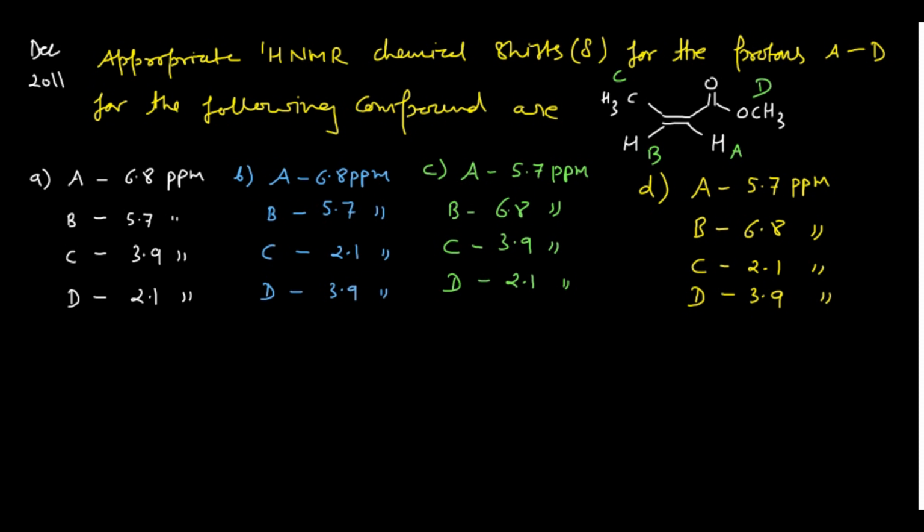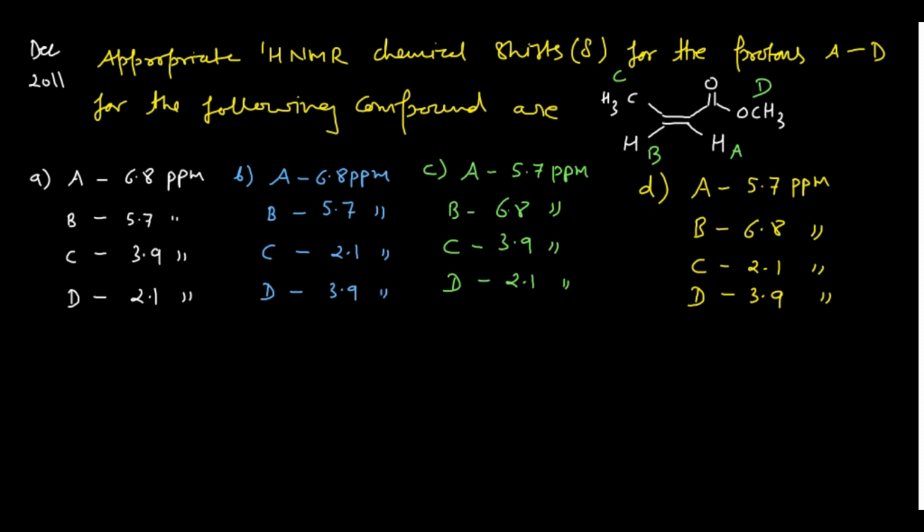Now guys, first thing you should remember: whenever you are given alpha beta unsaturated carbonyls, okay. However, this is an ester, but it is also having unsaturation at the alpha and the beta position. So try to make the resonance structure for this one. This question is actually based on the chemical shift as well as on the resonance structure. So how can we draw the structure for this?